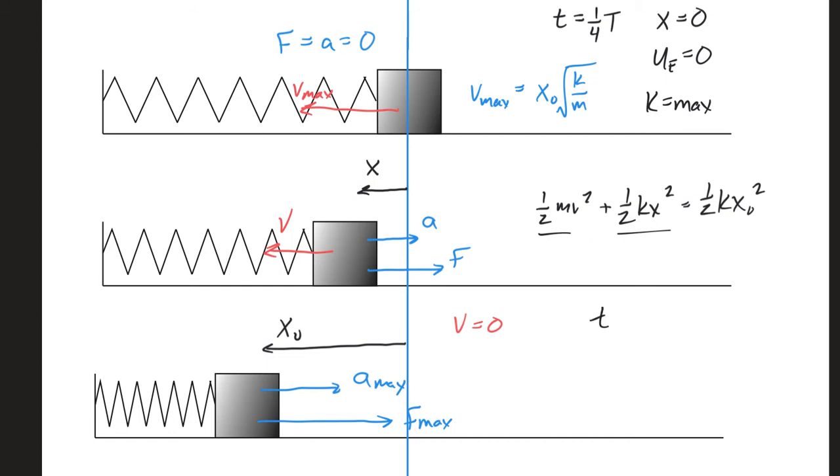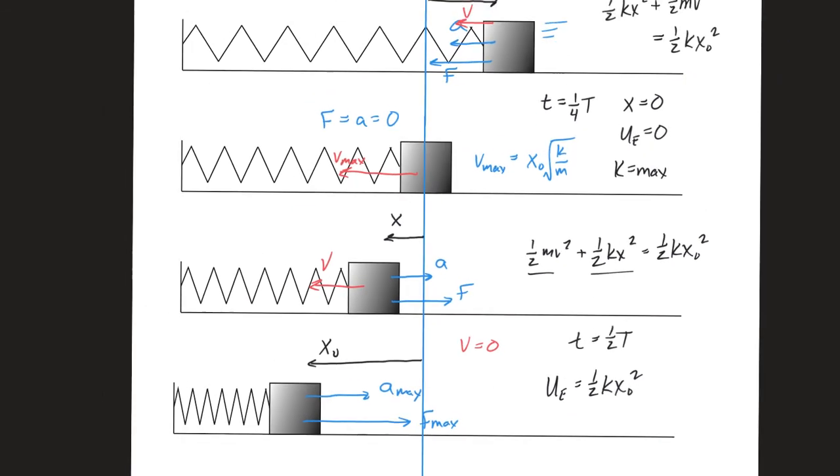This represents t equals 1/2 of the period. And again, at this moment, all of the energy is in the form of elastic potential energy. And the cycle repeats. This is the basic pattern for all oscillatory motion.